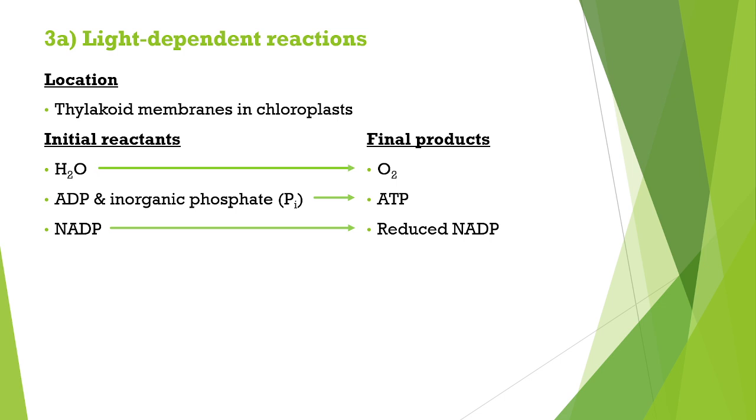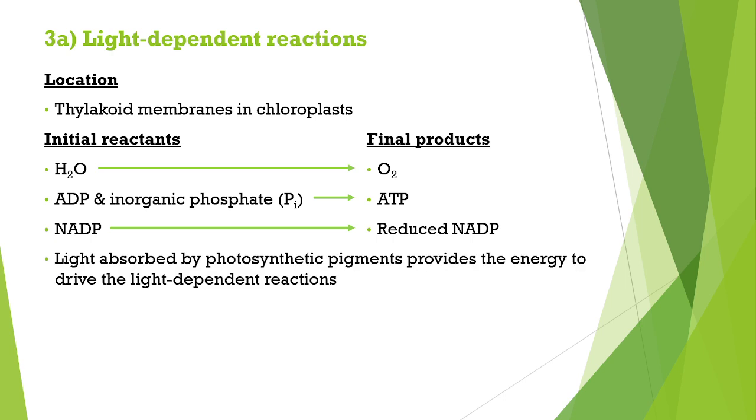We have oxygen due to photolysis of water, and ATP, using the energy from the excited electrons through the electron transport chain and ATP synthase. And then at the end of the electron transport chain, the electrons are eventually accepted by NADP to form reduced NADP. And all this is driven by light energy absorbed by the photosynthetic pigments, which excites the electrons.